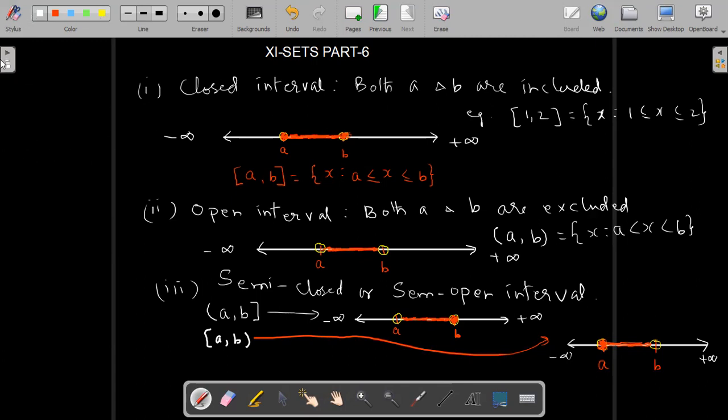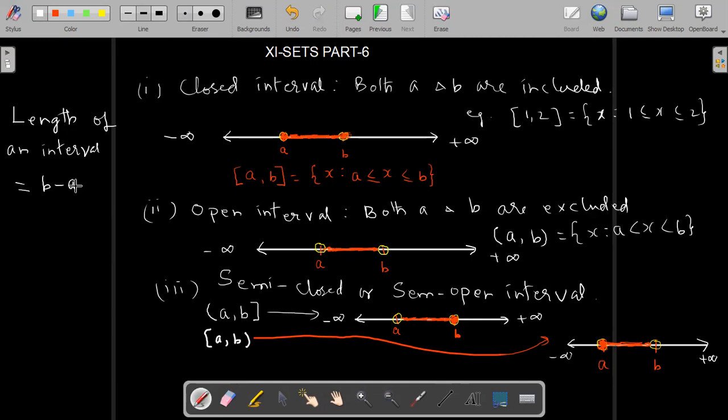Then, what is the length of the interval? Here I will write the length of the interval. Any interval, if we want to find its length, whether it is closed or open or semi-open, the length of an interval is equal to b minus a.